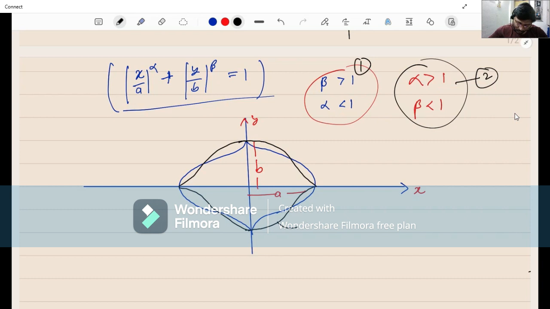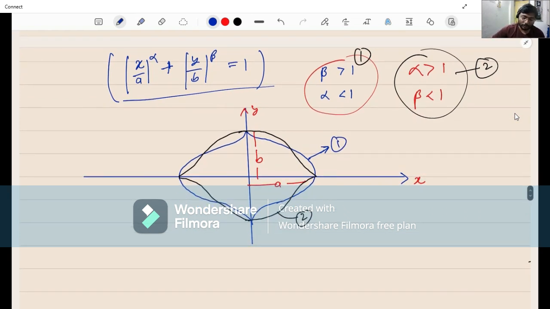How I plotted these, I will tell you later in the further course. I am just giving you an idea of how the curve looks. So this is for the first combination. What if you make alpha and beta equal to 1?